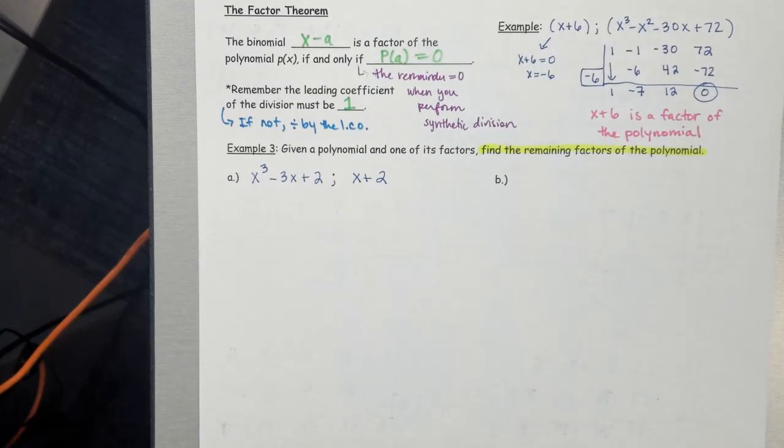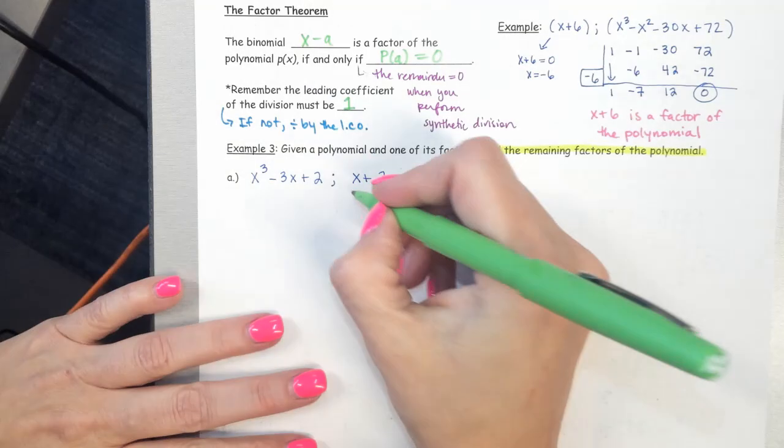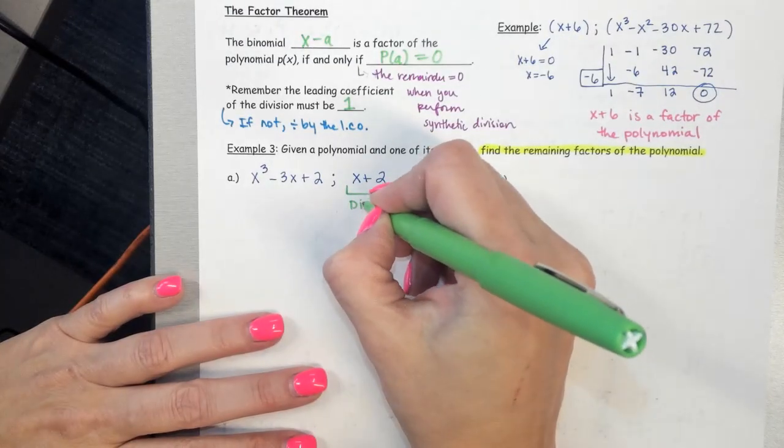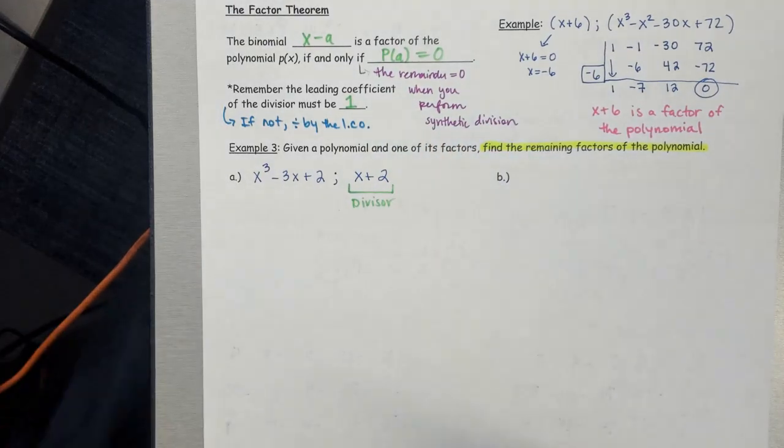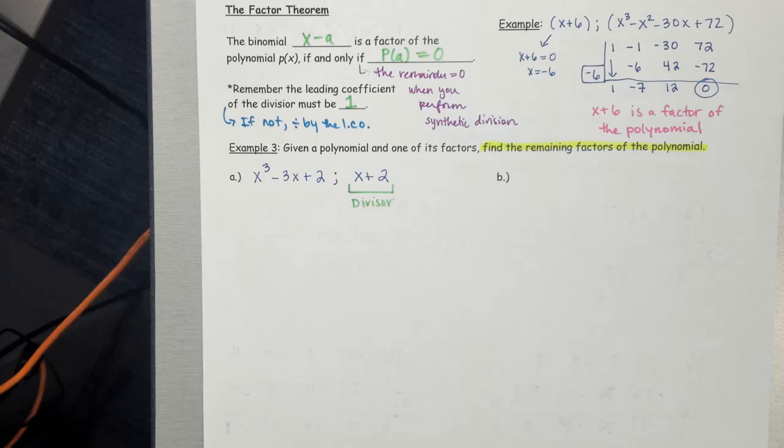Similar to what we just did in our example, it's just a different order. We're still going to use this as the divisor, and we're still going to do synthetic division.